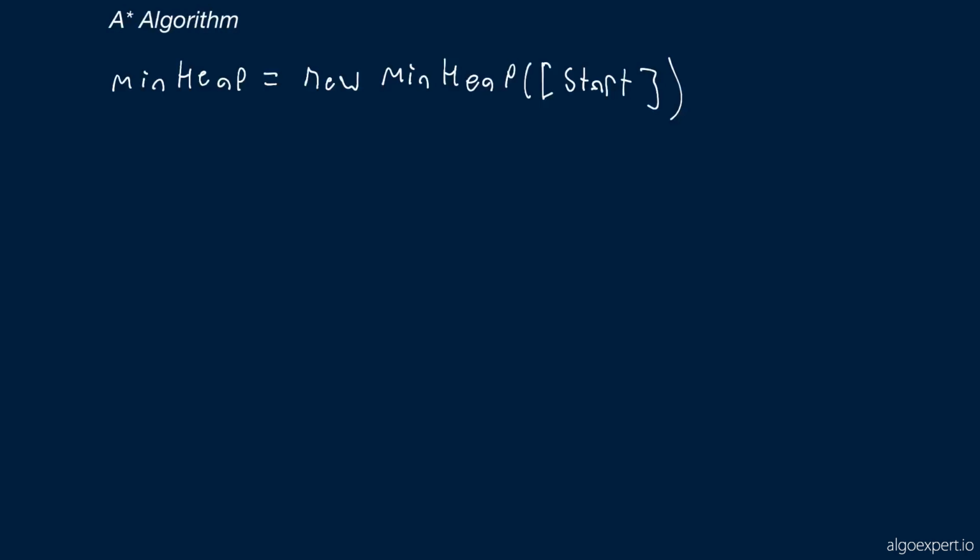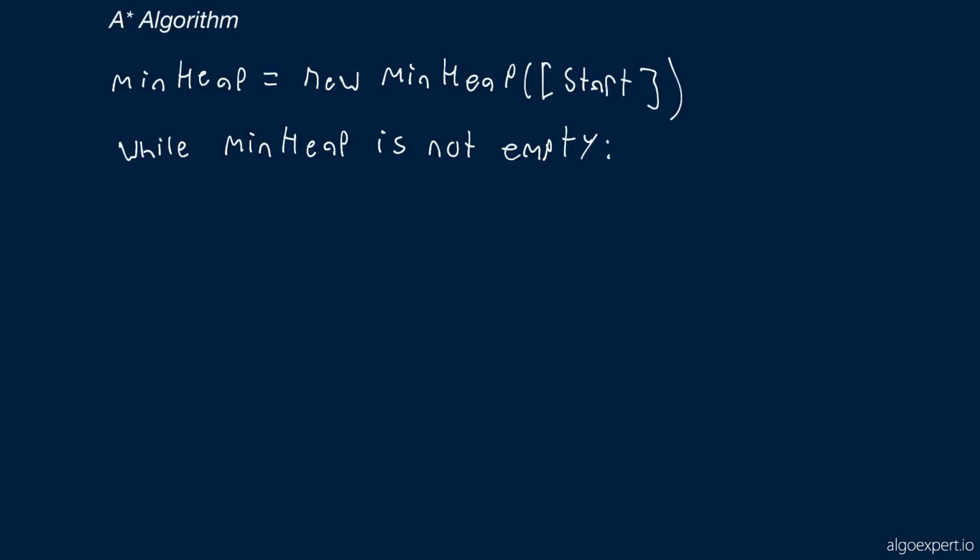So we have our min heap, and then the next thing we're going to do is get into a while loop, and we're going to say, while the min heap is not empty. So now that we have the start of this while loop, what we're going to do is remove the element that has the smallest F score from our min heap. And we'll assume that our min heap is going to sort or keep track of the elements by their F score.